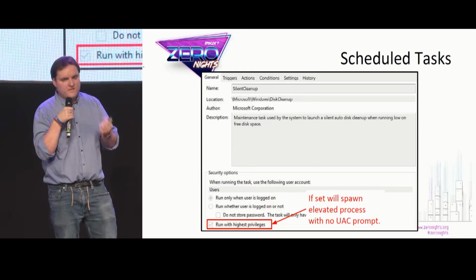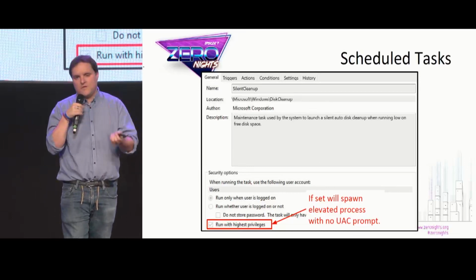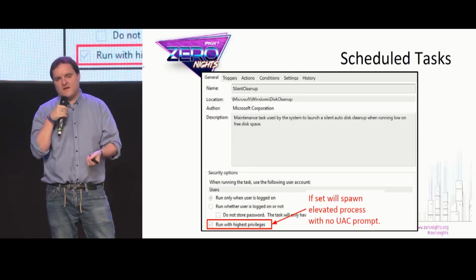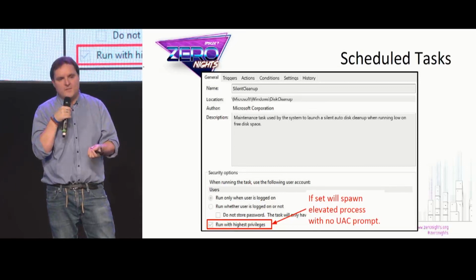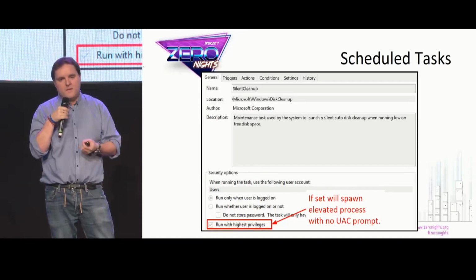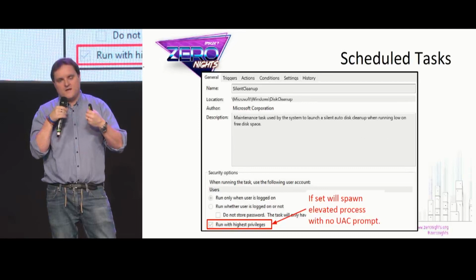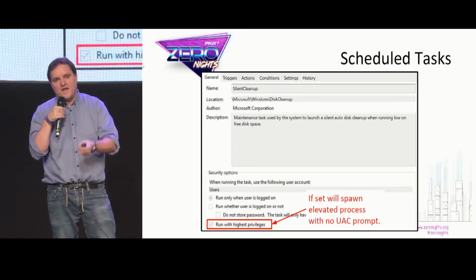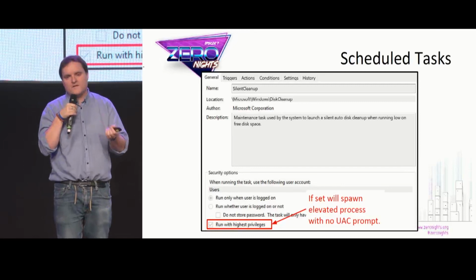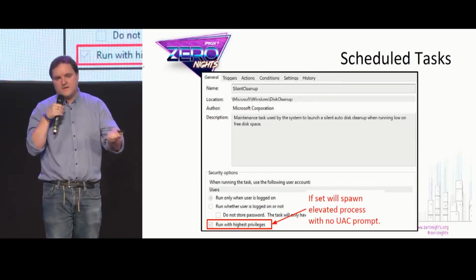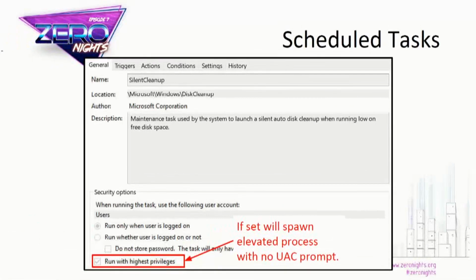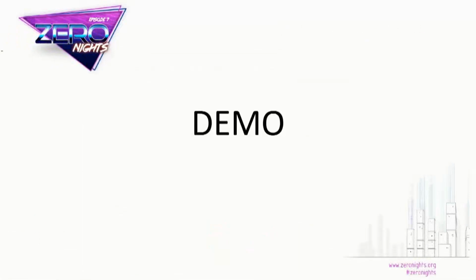So all you do is run the scheduled task, and it will create an elevated process. You can steal its token, and you get a UAC bypass that way. So you don't need to worry about modifying the registry or doing any weird behavior with existing applications, which Microsoft could fix. This will just give you admin privileges and a UAC bypass without even doing anything, right? So let's quickly demo that.